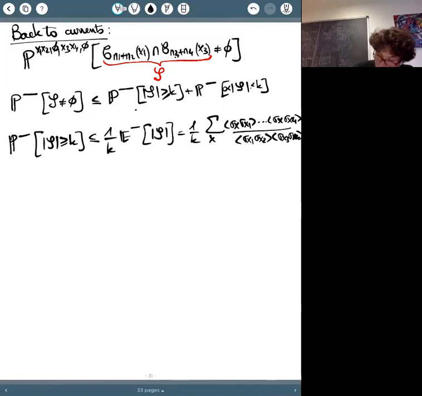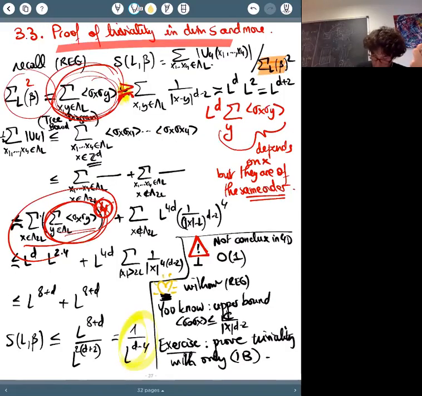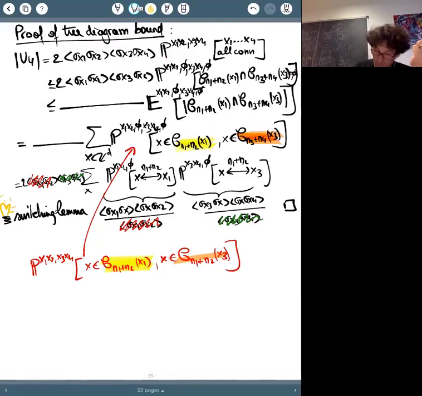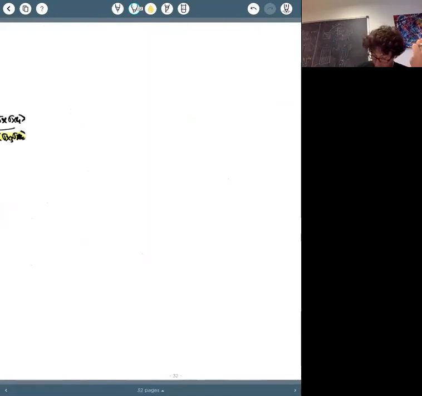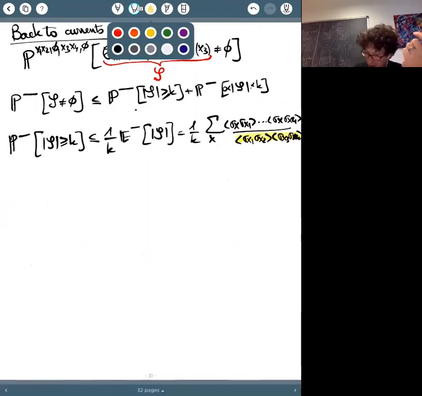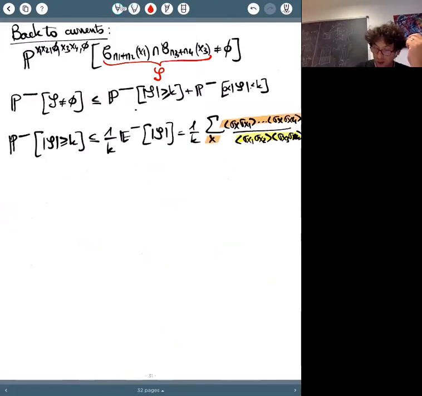So this is perfect, because these two terms here are going to cancel with the sigma X1, sigma X2 in the U4 formula. Remember that in U4, we have this term here. So this is perfect, and this sum is exactly giving you the tree bound. So you are improving the tree bound by a factor 1 over K when you do that. And the goal will be to choose K properly.